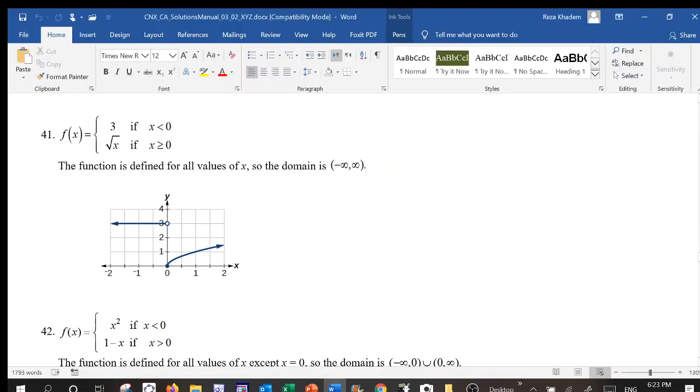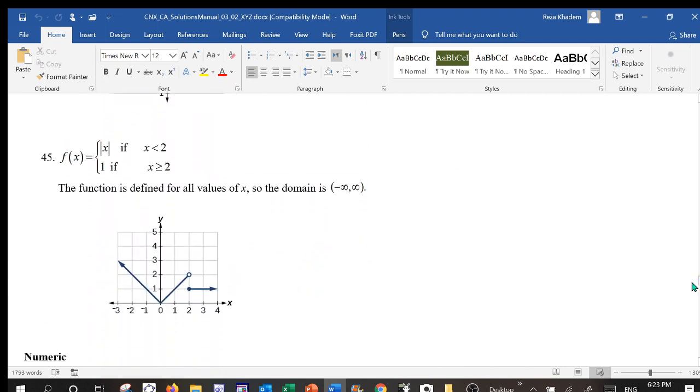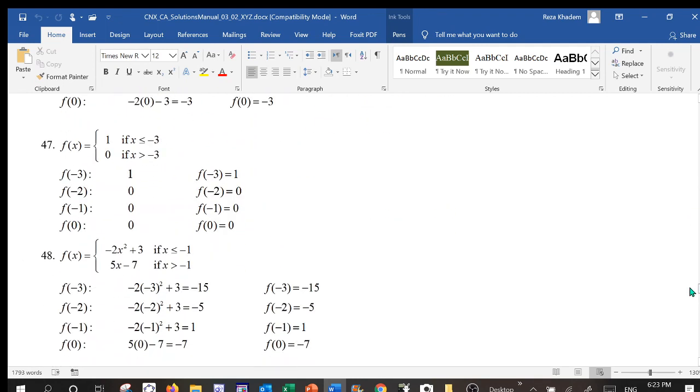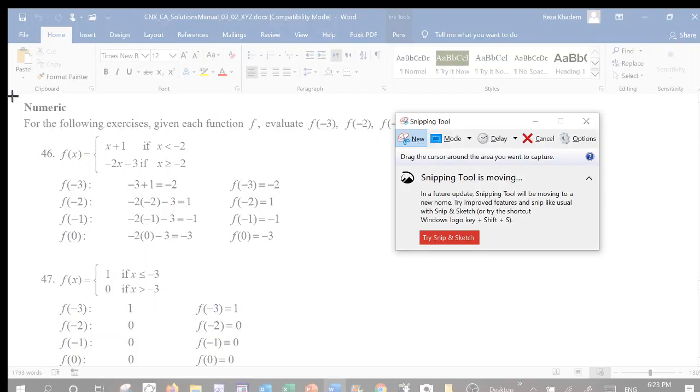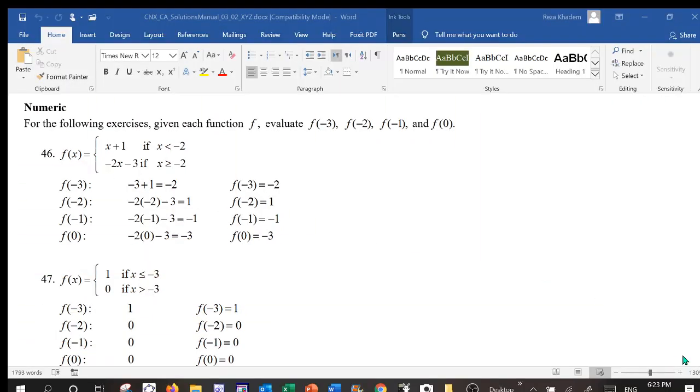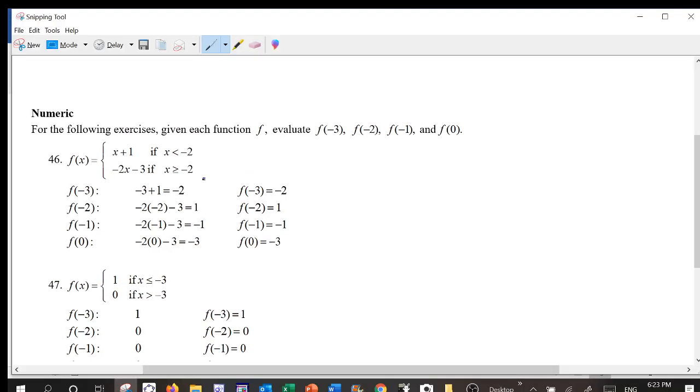All right, now let's do number 46. Now in number 46, we are not supposed to graph it. We are supposed to find these values. And it is important to understand that a piecewise function can have one piece at a time.